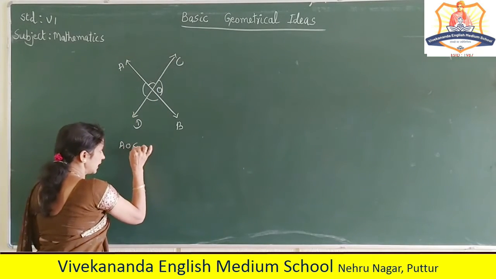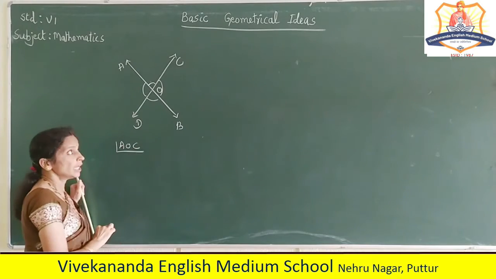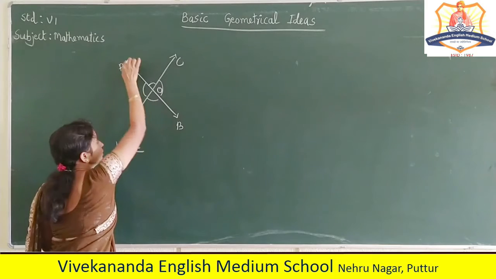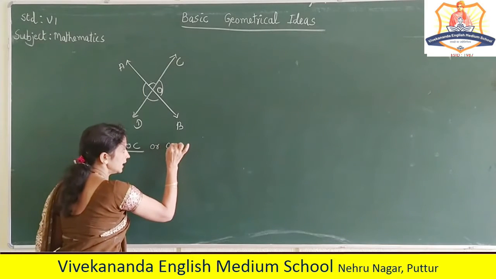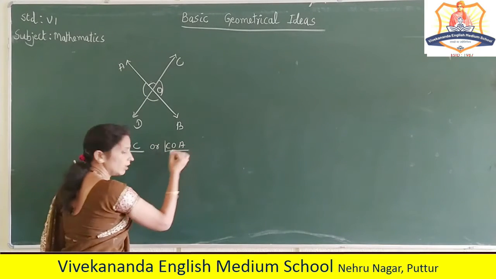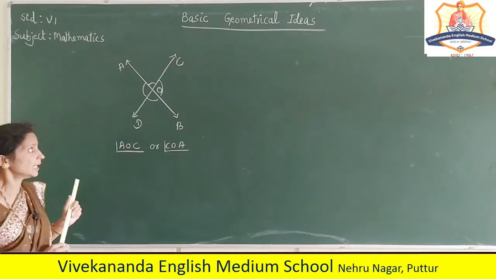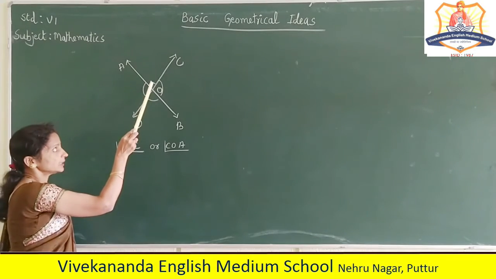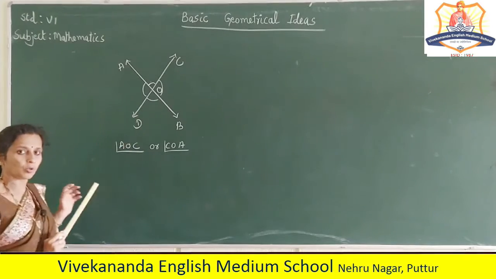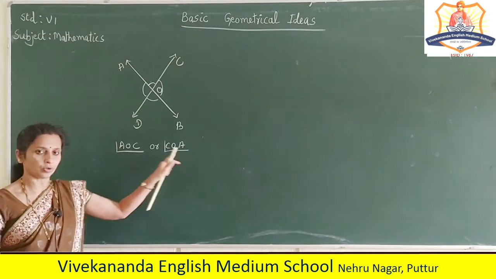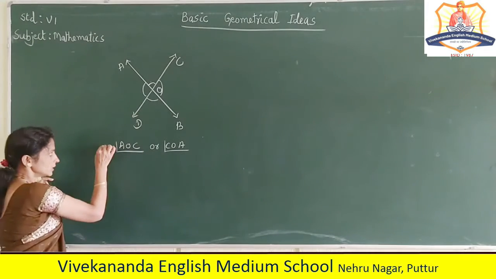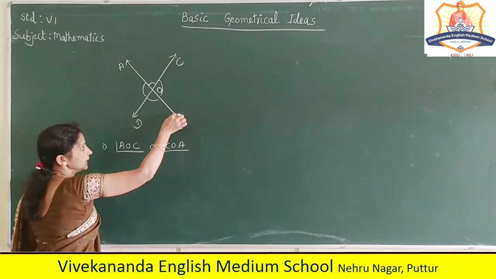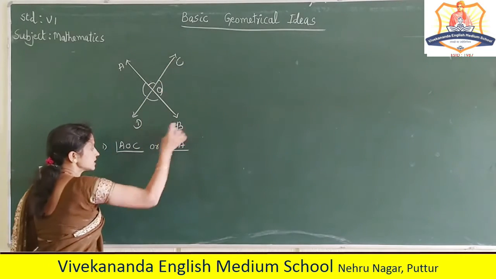You can write angle AOC, or you can write the same angle as COA. Both are one and the same, but you cannot write angle O here, because it is not proper. There are 4 angles at O, so you have to write only in these 2 ways.